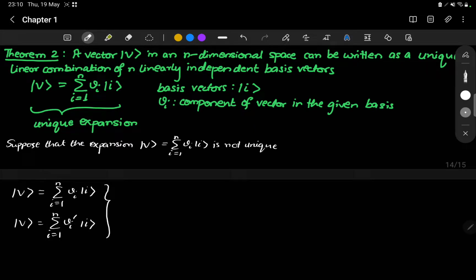So from these two, we can subtract the two, then what we will get is the following. So the left hand side is nothing but the null vector.